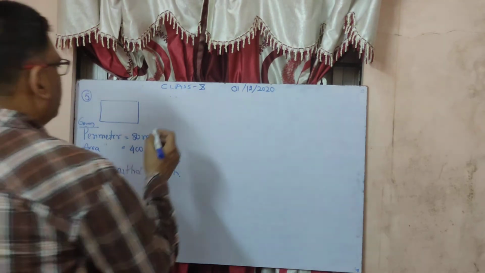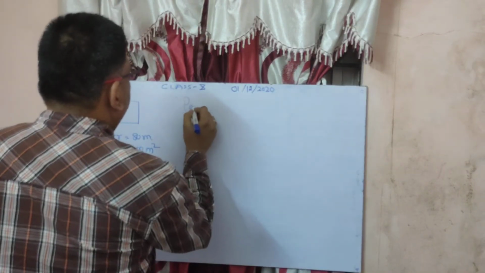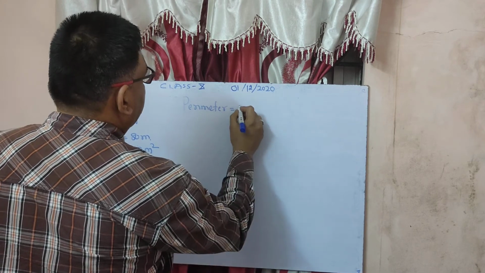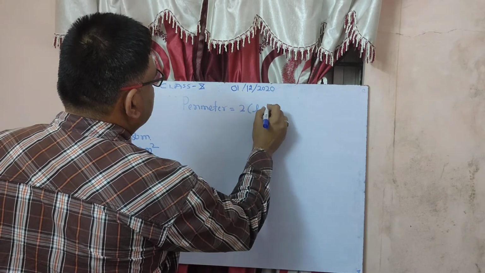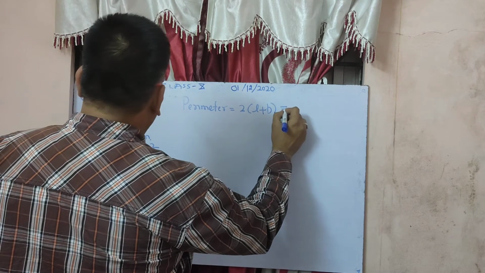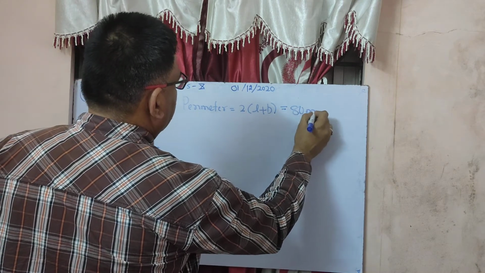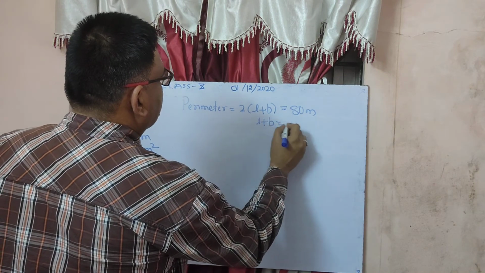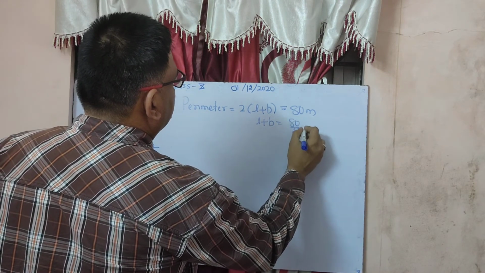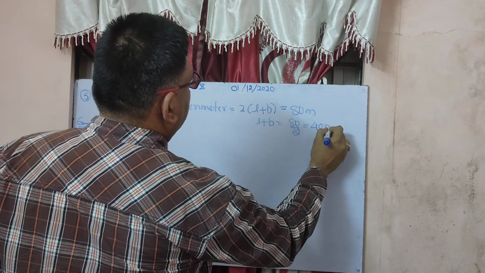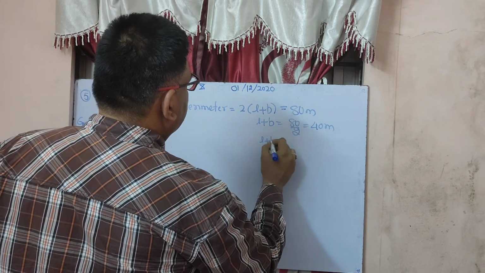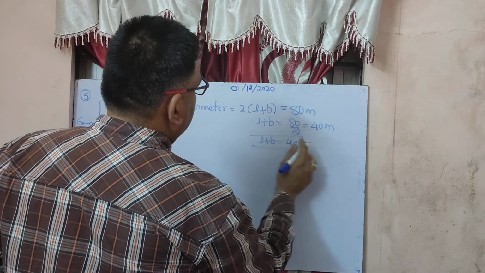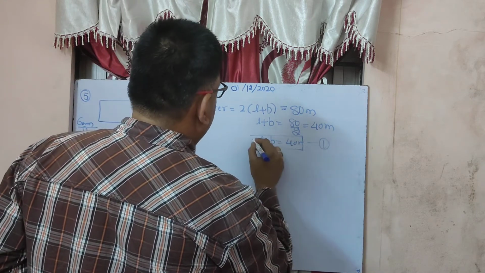Now what is the formula for perimeter of a rectangle? That is 2 into (length plus breadth), equal to 80 meter. So length plus breadth is 80 divided by 2, that is 40 meter. So length plus breadth equals 40 meter. This is equation number 1.